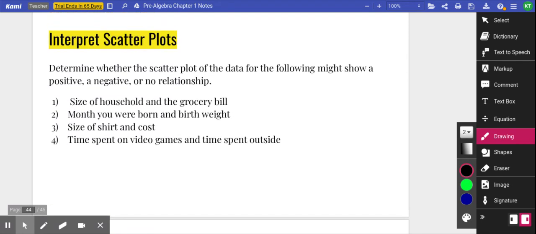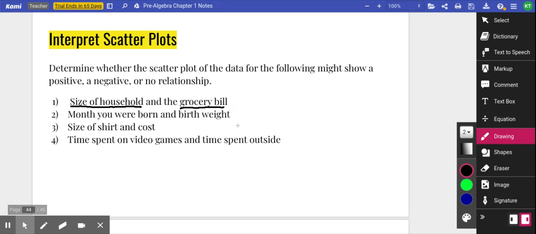So here we're going to look at some situations and talk about whether each might show a positive, negative, or no relationship. In number one, we're looking at the size of the household and the grocery bill.